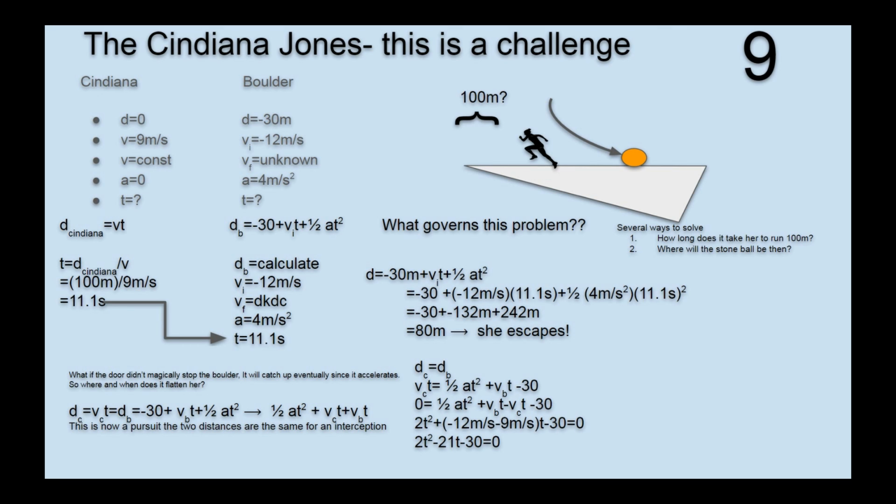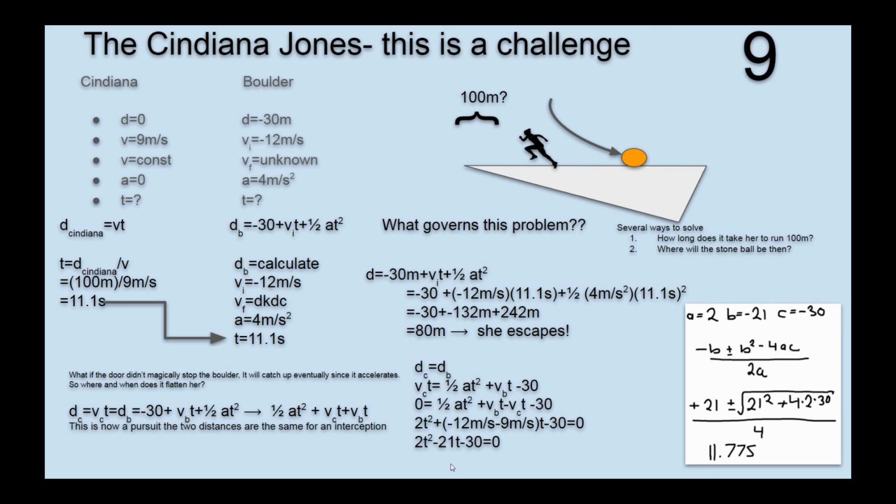And this is what happens, and you're better off drafting it on your own, but we just put in Cindiana's equation of motion, the boulder's equations of motion, and I collect all my terms, and when I'm done, I'm left with a lovely little quadratic, 2t² minus 21t minus 30. And then I didn't even bother to reduce it. You can't divide by 2, can you? So I get 11.77 seconds. So at 11.77 seconds, the boulder catches up to her.